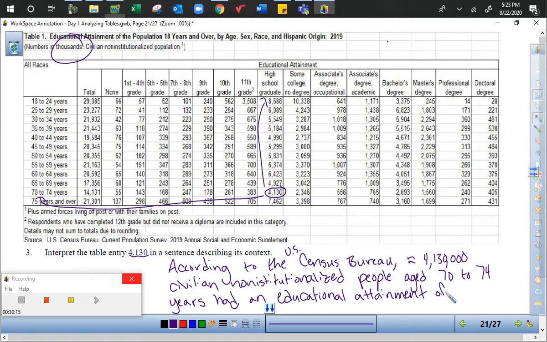Of graduating high school. But we want to make sure, since I said had, we specify this was in 2019. Not necessarily true now.